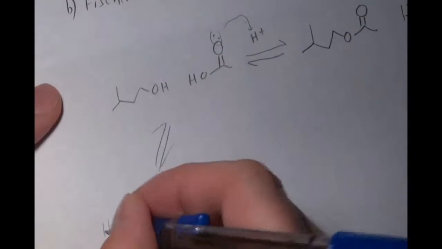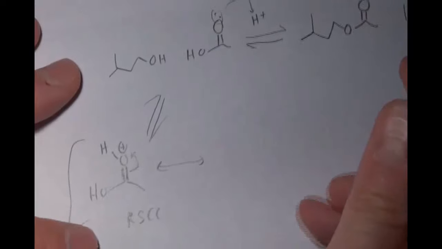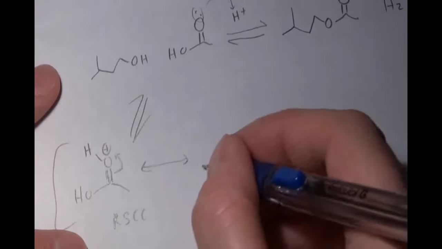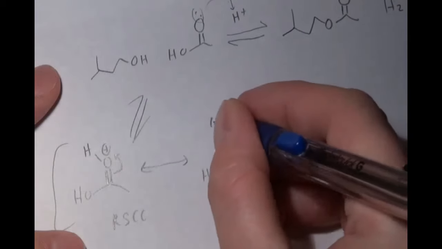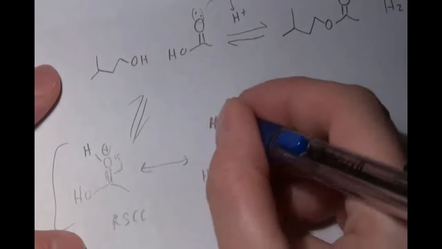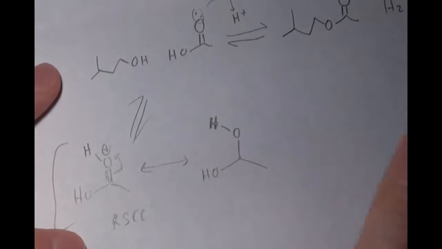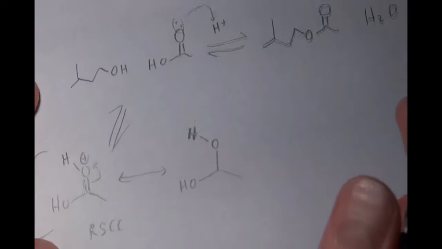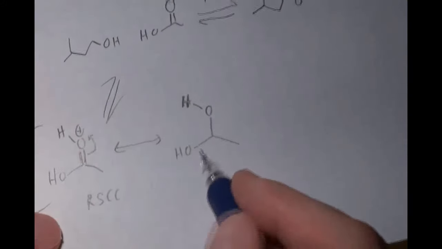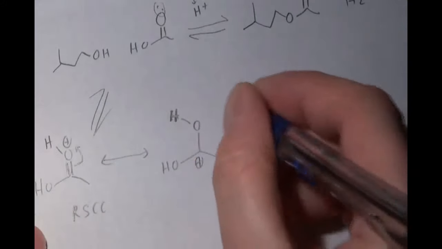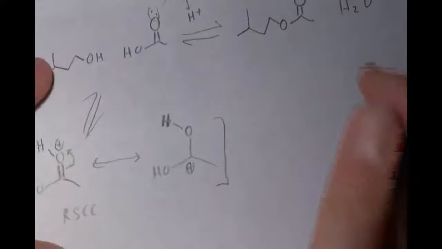So let's show the resonance form. The electrons go up onto oxygen. So this is kind of like old chapter 17 stuff, right? Protonate something, resonate.